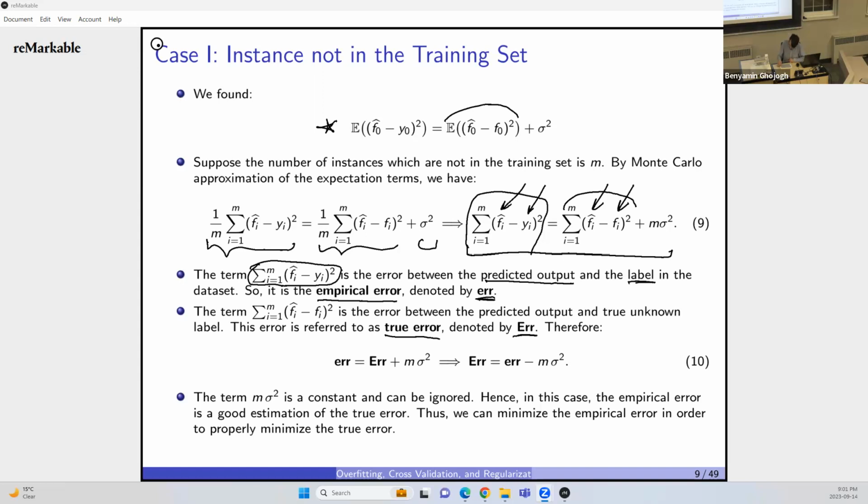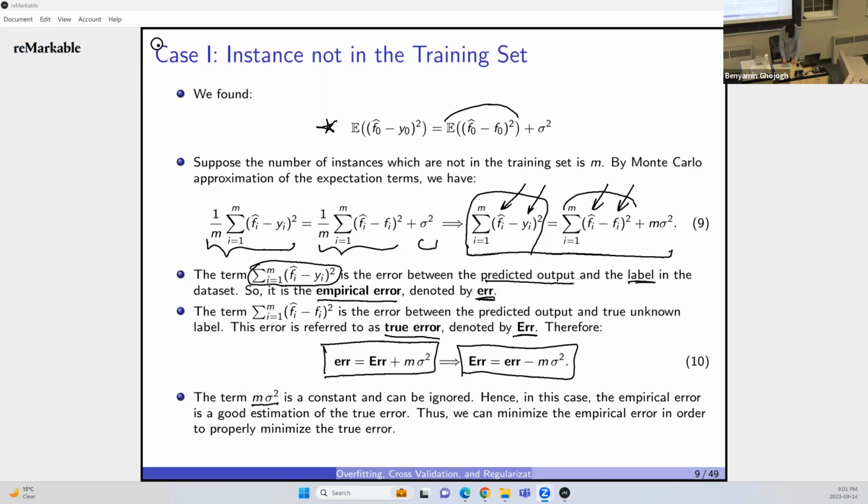So basically, equation 9, you can write it as empirical error equals true error plus m sigma squared, right? We can rearrange the terms: true error equals empirical error minus m sigma squared. This m sigma squared is a constant.